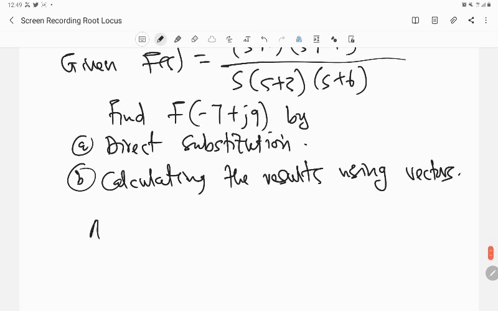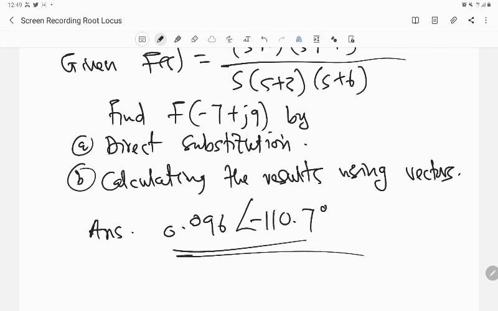Your answer should be 0.096 angle minus 110.7 degrees. Thank you very much.